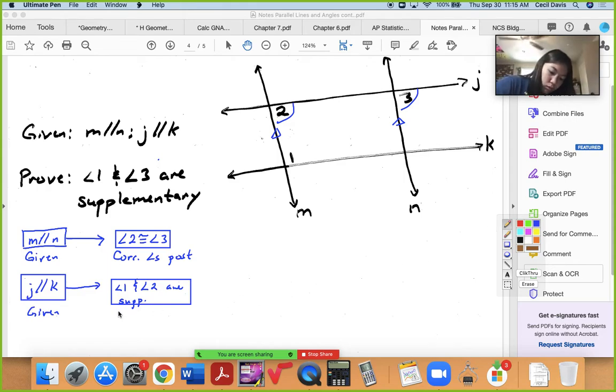What kind of angles are 1 and 2? Same side interior. Right. Sorry, I totally forgot that. So it's the same side interior angles theorem.